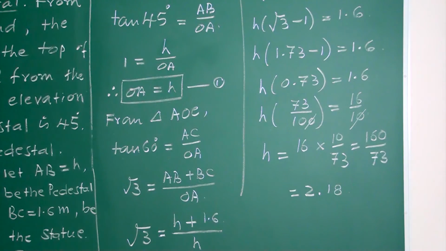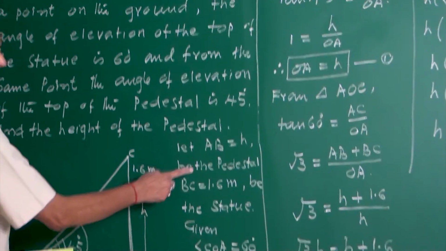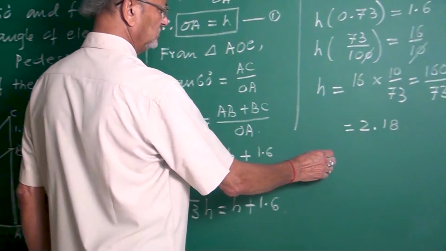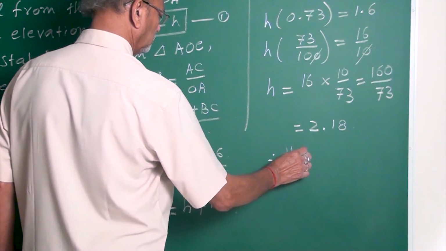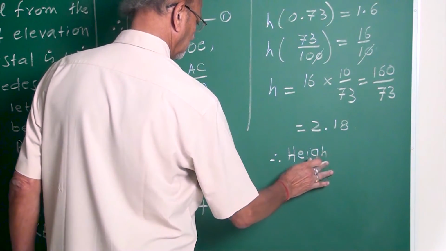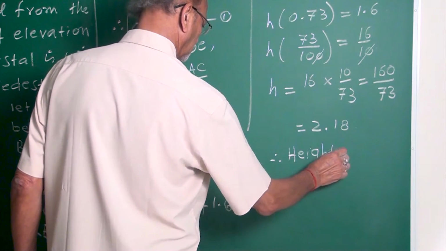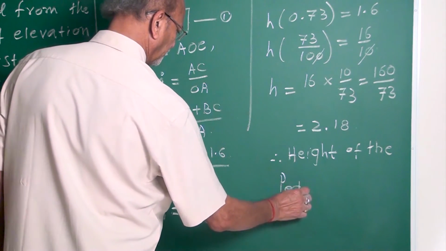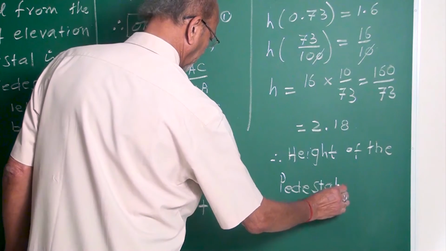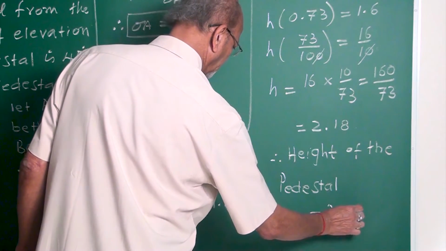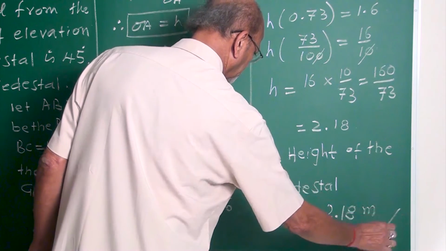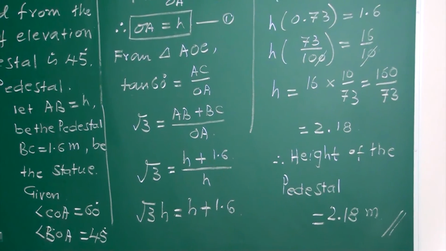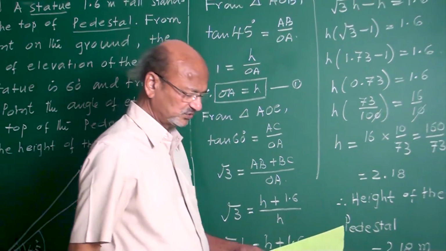Therefore, what is H, my friend? H is nothing but the height of the pedestal. Height of the pedestal is 2.18 meters, my friend.